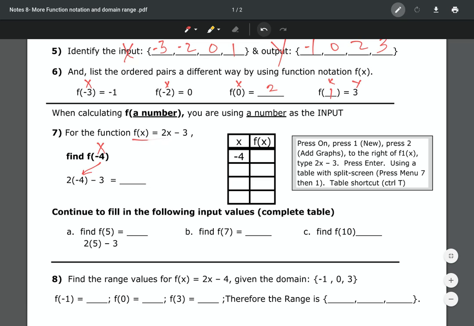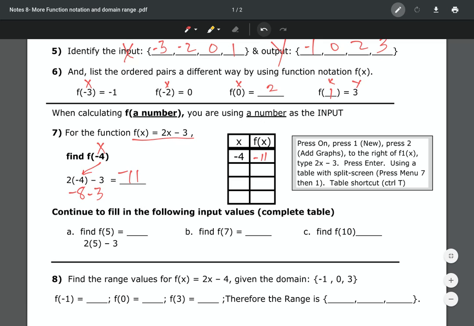So right there, we're using this equation, 2x minus 3. So 2 times -4 is -8 minus 3. And same signs, add and keep. So when x is -4, the y value is -11.